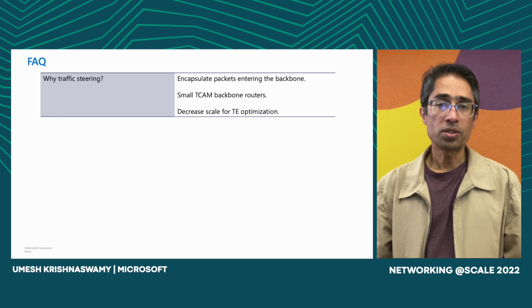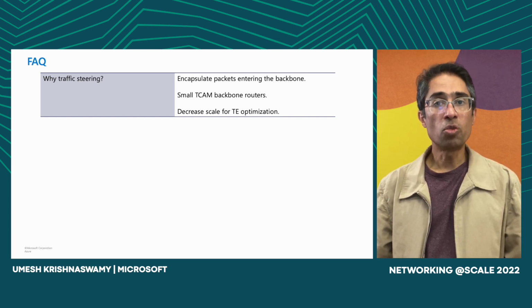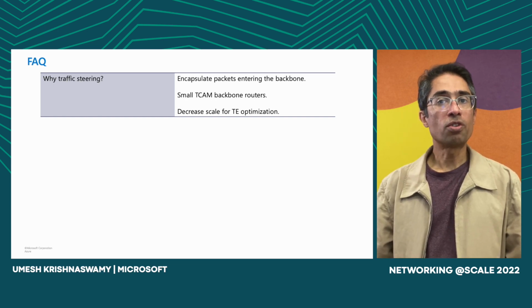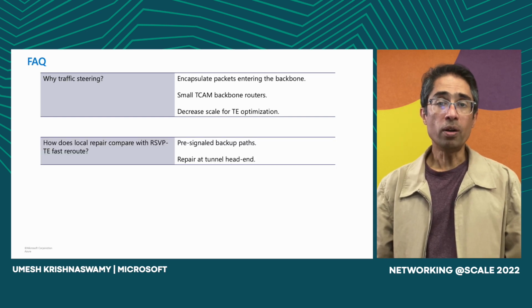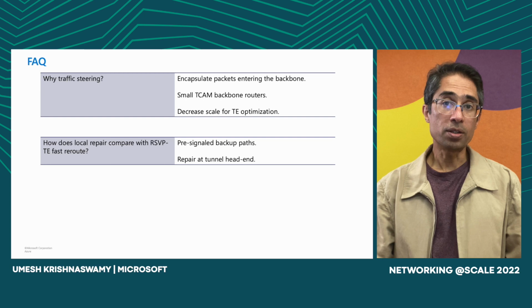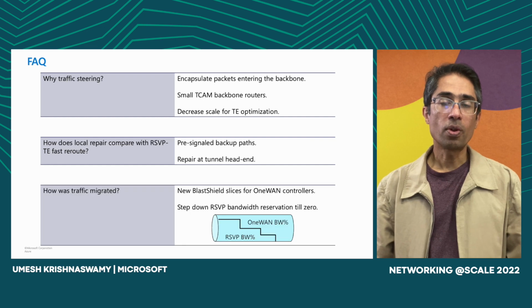To summarize, we use traffic steering so that we can use small TCAM backbone routers and decrease the scale requirements for TE optimization. OneWAN local repair happens at the tunnel head end, and backup tunnels are ready for use, so it's a fast switchover.